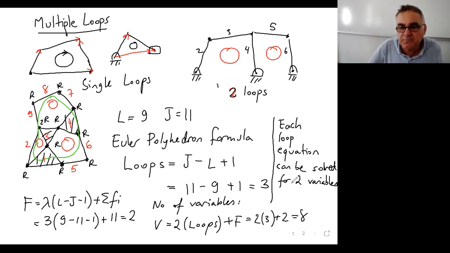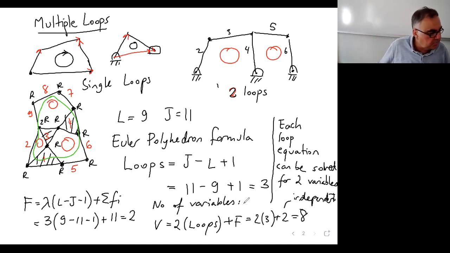Therefore, it can be solved for 2 variables. And we have 2 degrees of freedom, which will be the inputs. So the number of variables will be 8. 2 of them will be the independent variables, and 6 of them will be dependent, which can be solved from our equations.